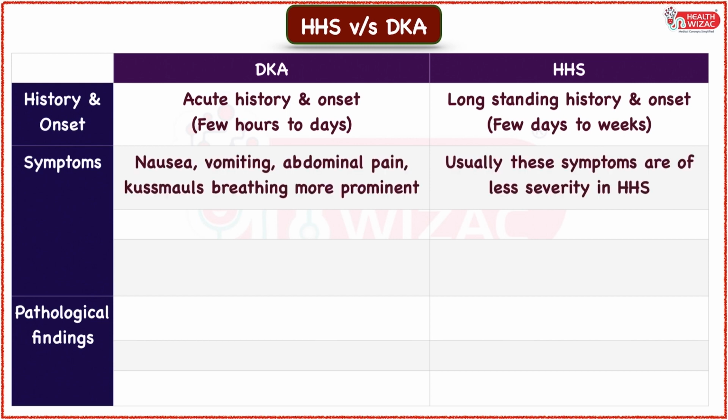Symptoms like nausea, vomiting, abdomen pain, Kussmaul's breathing are more prominent in DKA, whereas in HHS, these symptoms are usually less severe. In diabetic ketoacidosis, sugars are usually in the range of 250 to 600 mg per deciliter, whereas in HHS, sugars are in range of 600 to 1200 mg per deciliter.